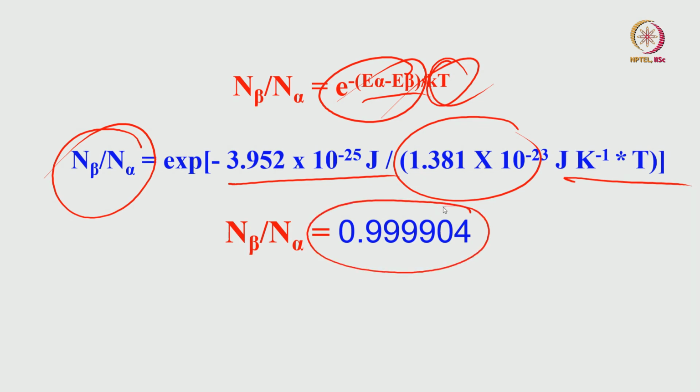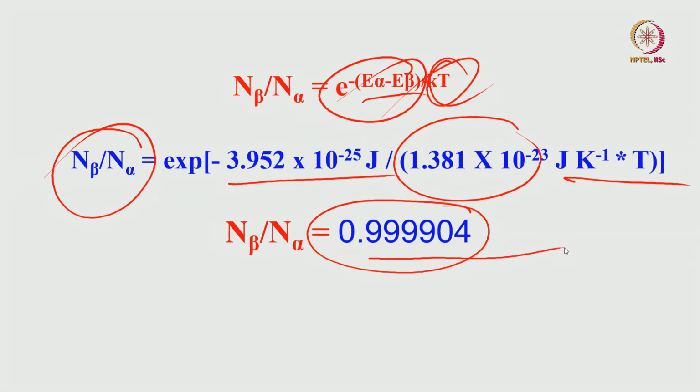This is what you are going to get. The population ratio between the two spin states, n beta and n alpha, turns out to be 0.999904, very close to 1, almost 1.